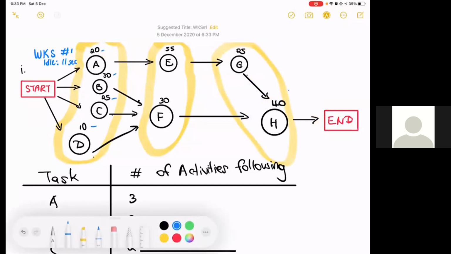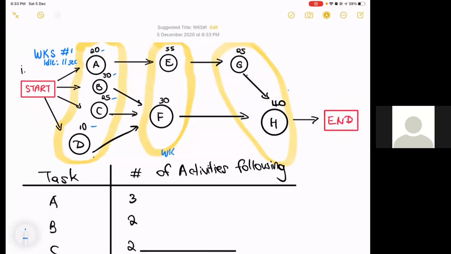I hope everybody's following me. Workstation number 2. What's that? 85. Another idle time. Please do this a little bit neater, people. And then workstation number 3.